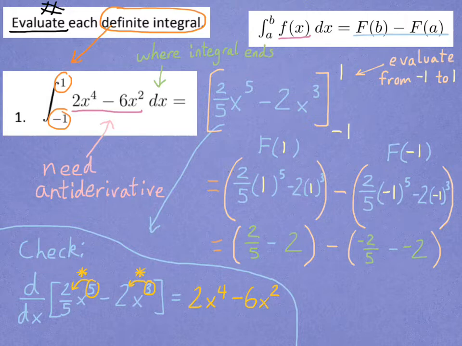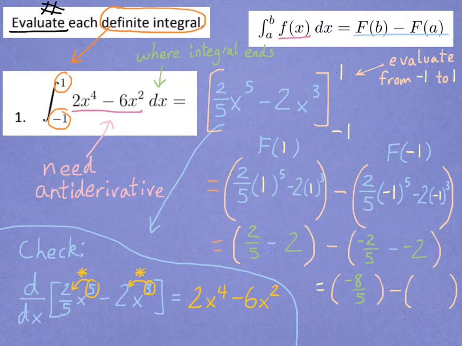All right, now time for fun with fractions. Yay! Are you all excited? Okay, so let's see. 2/5 minus 2. Well, 2 is 10/5, so 2/5 minus 10/5 would be negative 8/5.